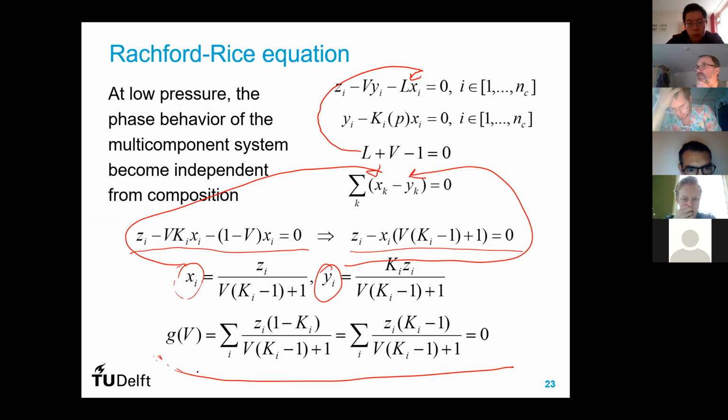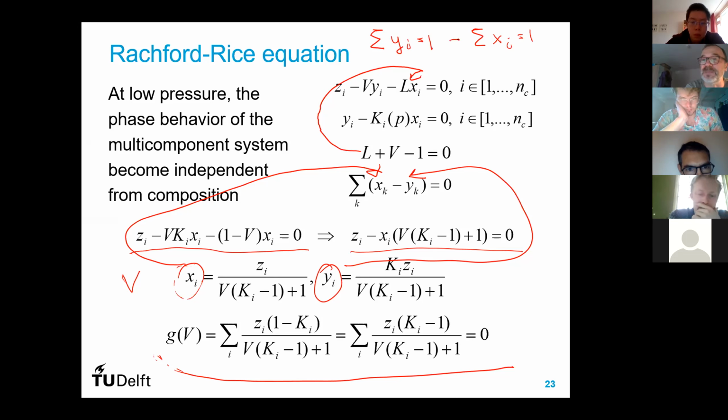Is it clear? So this step is exactly the same that we already did. Now the only difference is when you have two-phase, instead of looking into sum of y_i equal to 1 and sum of x_i equal to 1, you subtract one from another and you've got this guy equal to 0, 1 minus 1.